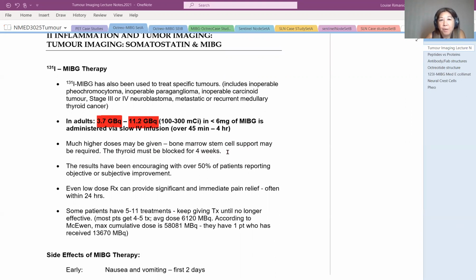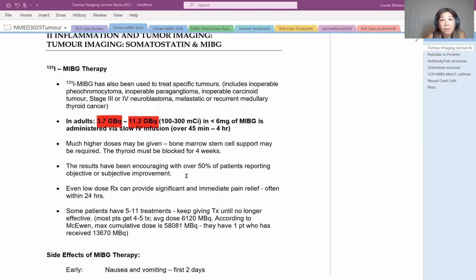Obviously, the thyroid has to be blocked throughout this time, because otherwise the treatment's just going to go and ablate the thyroid gland.